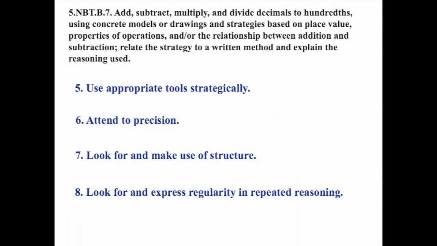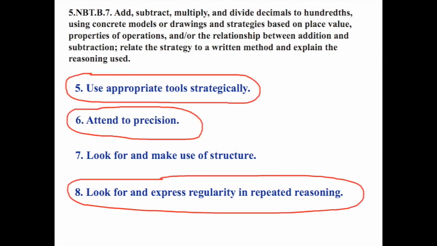And then if we look at the last 4 standards for mathematical practice, based on the activities that we did, we used appropriate tools strategically. We did attend to precision, and we did look for and express regularity in repeated reasoning. That really helped us, number 8, to make sense of why we do what we do with the decimal points with the 4 operations.